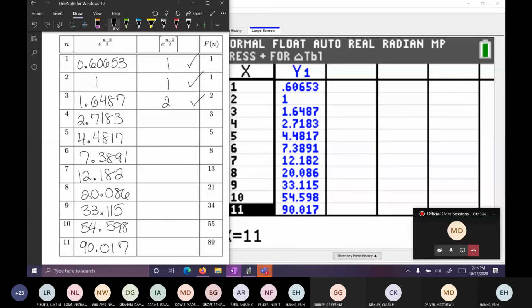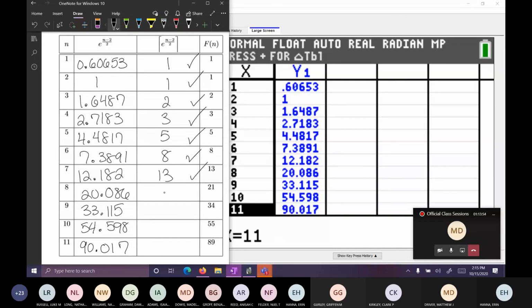Least integer greater than 2.7, 3, matches the Fibonacci sequence. 5, matches the Fibonacci sequence. Least integer greater than 7.38 would be 8, matches the Fibonacci sequence. 13, matches the Fibonacci sequence.